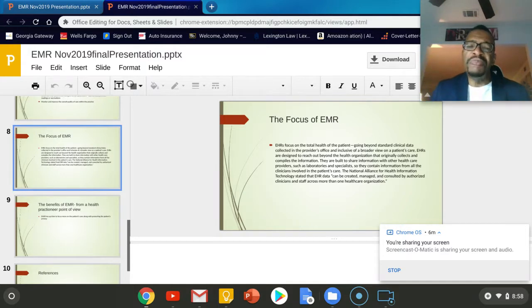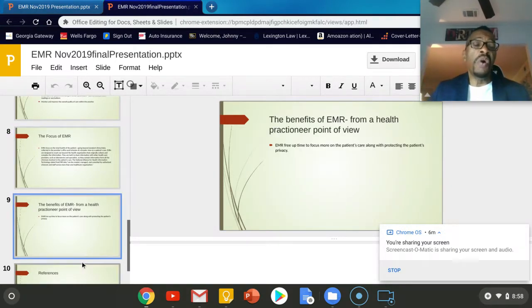The focus primarily is on patient care, and this system has freed up time for the doctor's office and most healthcare practitioners to focus on the care because of the electronic medical records. Like I stated, it's a broader view of patient care. It's designed to reach out beyond the health organization that originally collects and compiles the information. There is the ability to share information with other healthcare providers, such as laboratories and specialists, so they contain information from all over the hospital, the facility, about the patient care.